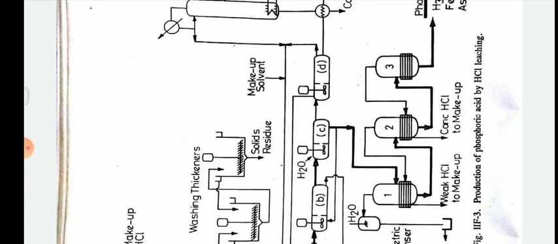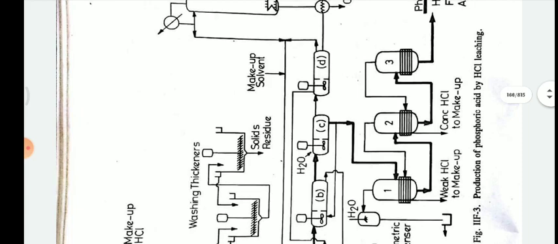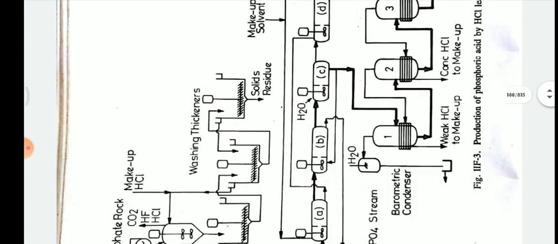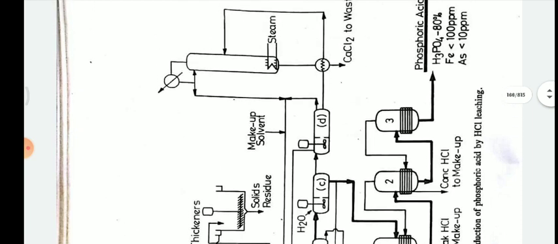And at the end of the second process, it gives concentrated HCl, which is to make up the low or weak acid into concentrated acid.